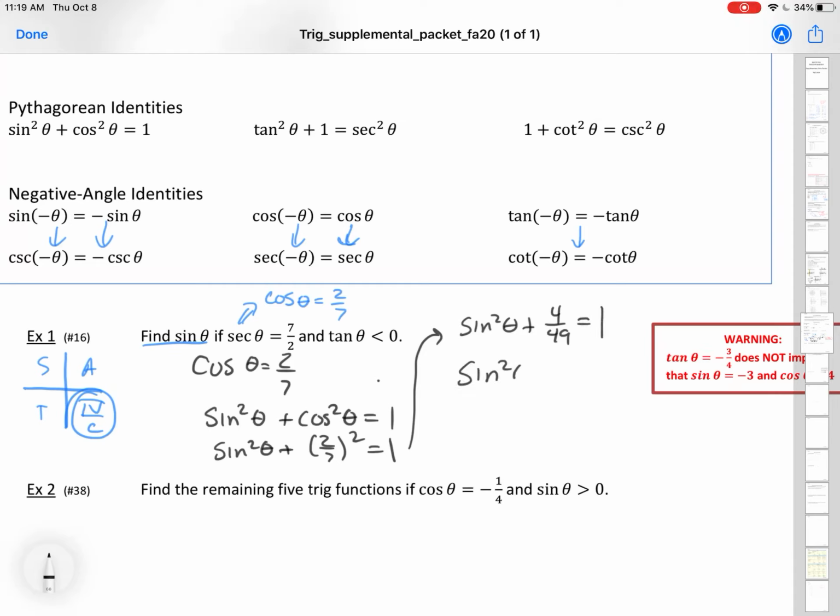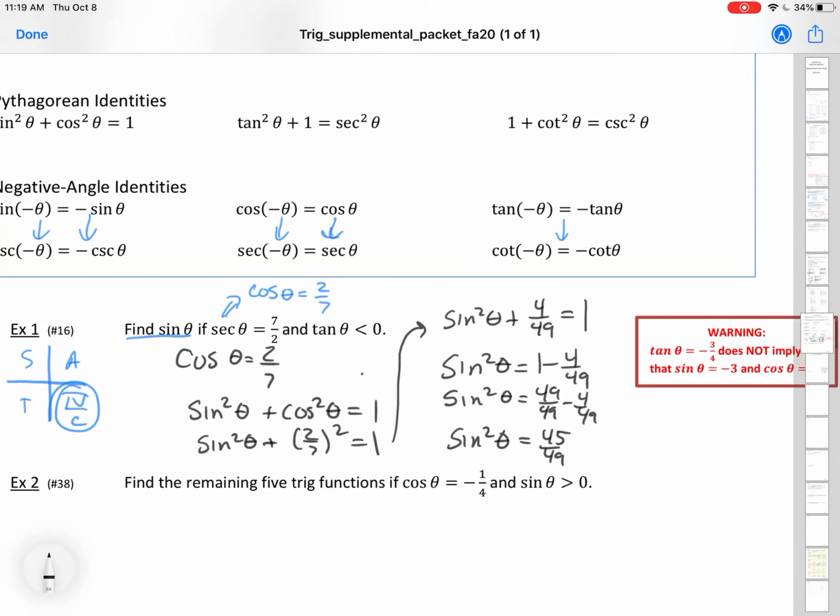That means sine squared theta is equal to 1 minus 4/49. Now, it's straightforward arithmetic here. I was going to say simple arithmetic. I'll back off from that. 49/49 minus 4/49, oh, no problem. Sine squared theta is equal to 45/49.